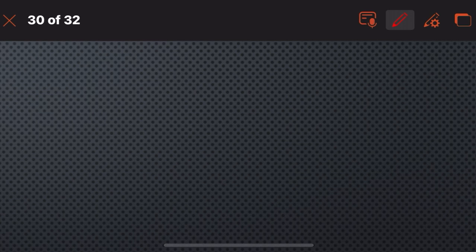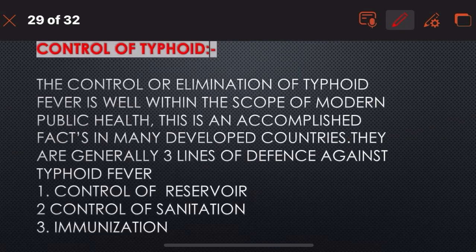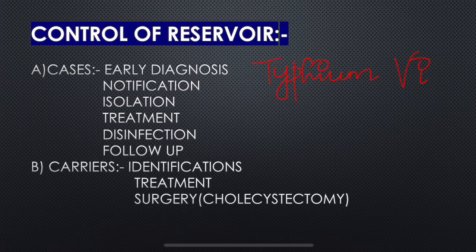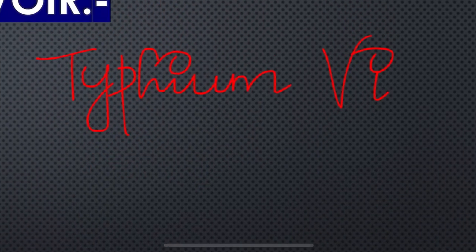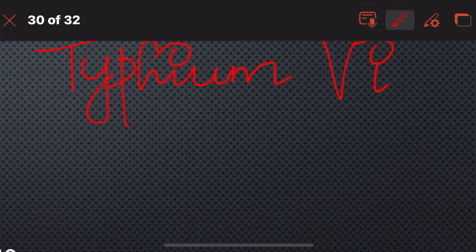Now we will revise Typhim Vi antigen. So what happens in the Typhim Vi? It is a typhoid fever vaccine. Who produced this vaccine? It was produced by Pasteur. It is in the form of injection.